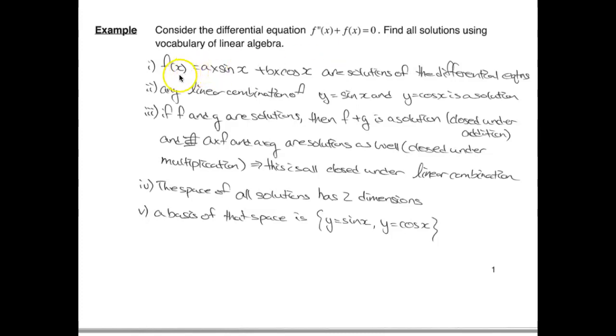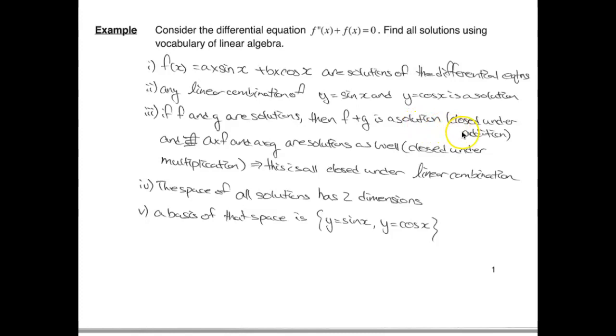So here we can say that f of x equals a times sine x plus b times cosine x are solutions to the differential equations, and that all linear combinations of sine x and cosine x are solutions, which is really what we wrote just above.